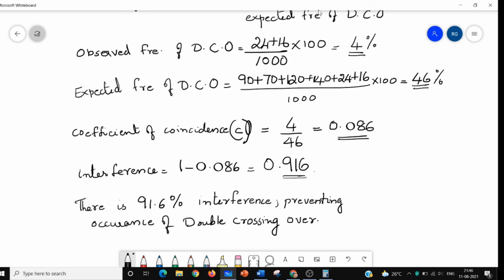Using this, we find out the value of interference, which is 1 minus the coefficient of coincidence, and we get it as 0.916. So we conclude that there is a 91.6 percent interference which prevents the occurrence of double crossing over between A and R genes and R and D genes. Simultaneously, the occurrence of double crossovers is prevented by 91.6 percent.